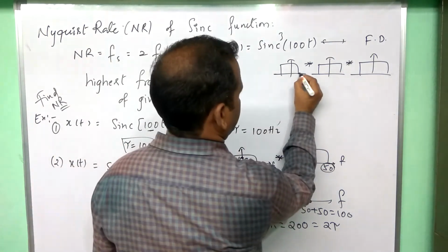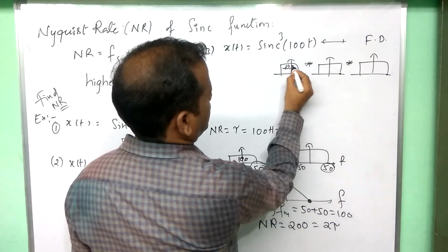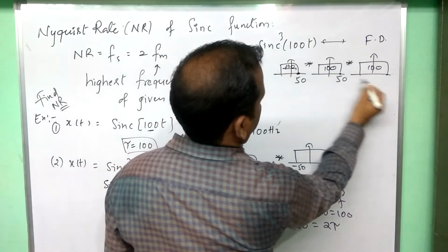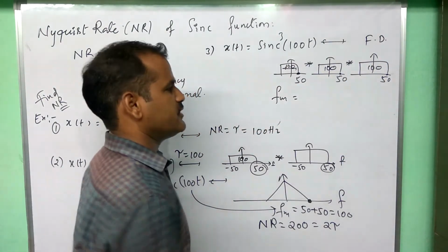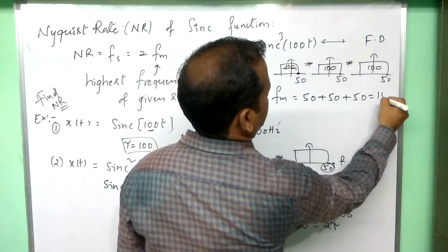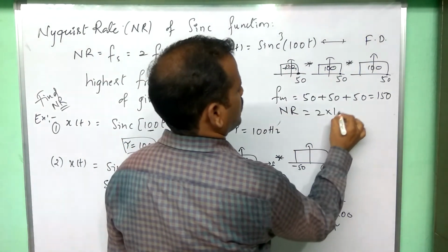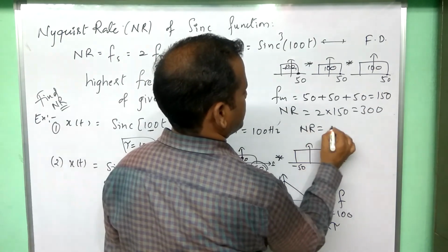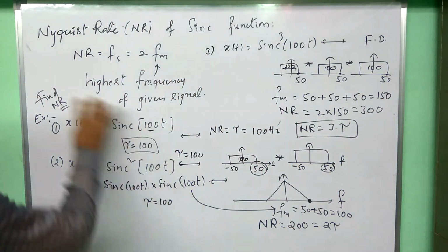Here all have 100 width, that means here 50, here 50, here 50. So the highest frequency of the result of convolution is the sum of the highest frequencies of the individual signals, that is 150 Hz, and the Nyquist rate will be 2 into 150, 300. That means the Nyquist rate is 3 into tau.